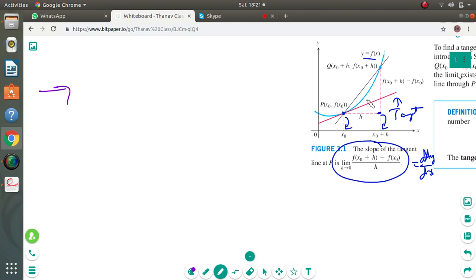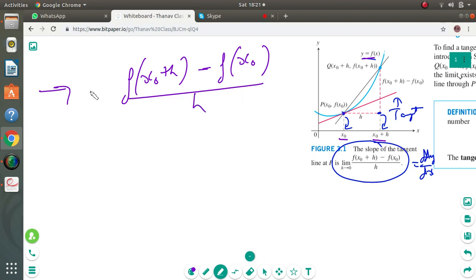Here it is coming out to be y equal to f(x), right? A tangent here at this point is x naught plus h, and x naught here we have. So f of x naught plus h minus f of x naught by h, so limit h tends to 0.